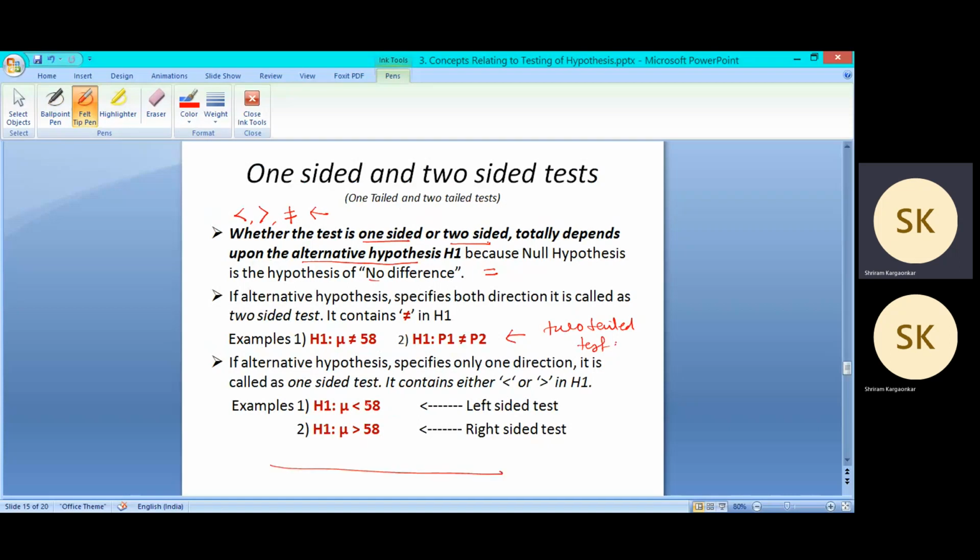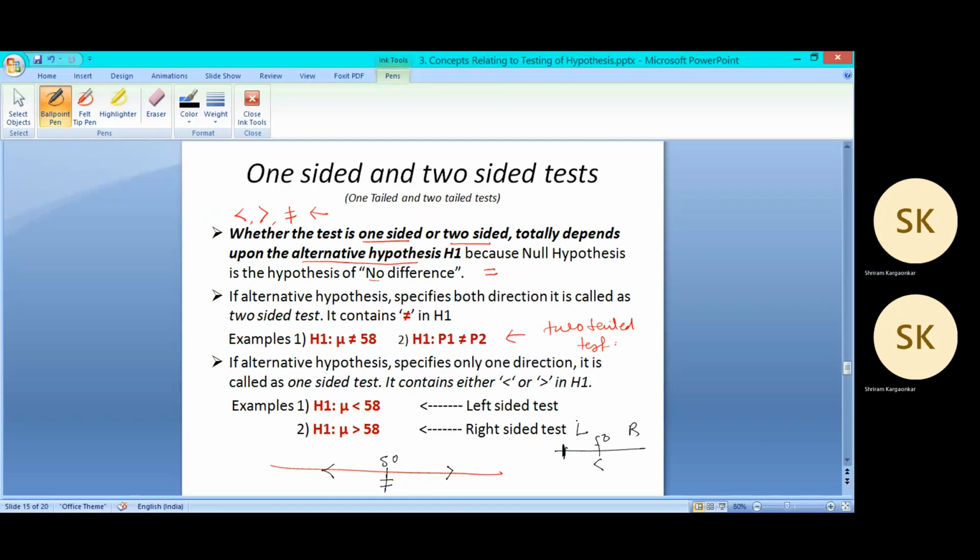Okay, this is the number line, right? And suppose you say not equal to, so what do you mean by that? Suppose this is 50, so not equal to 50, what do you mean? So maybe it is less than 50 or it is greater than 50. So both directions are specified there. Okay, so what happens in less than is a one-sided test? When you say that it is less than 50, it gives us this direction, which is the left side.